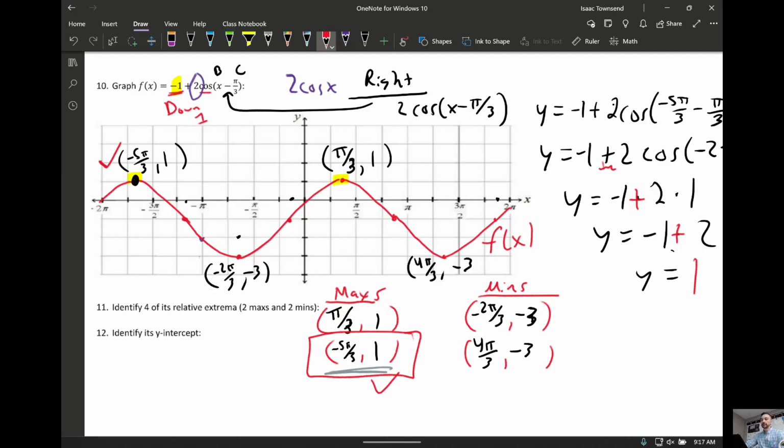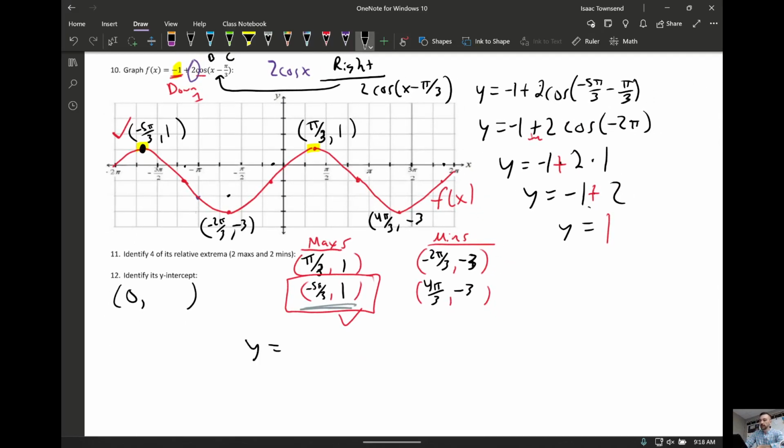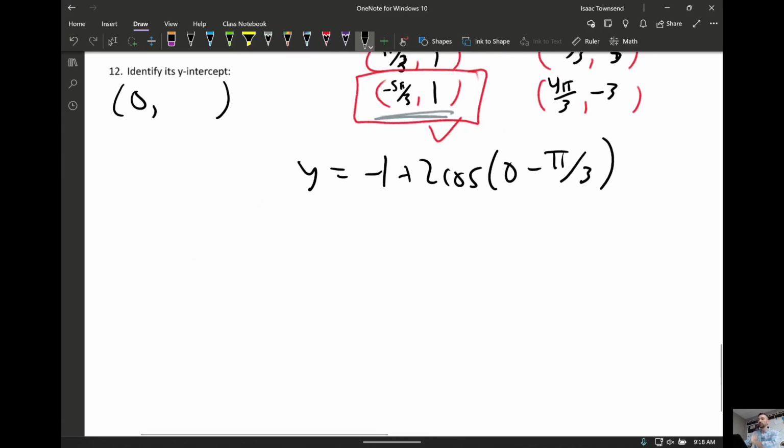Okay, the y-intercept looks like it goes through the origin, but again, we should not assume that. Y-intercepts always have an x value of 0. And just like I did a second ago, we can plug it in and be 100% sure. We should not be estimating with our eyes. Plug in 0 for x and solve for y.